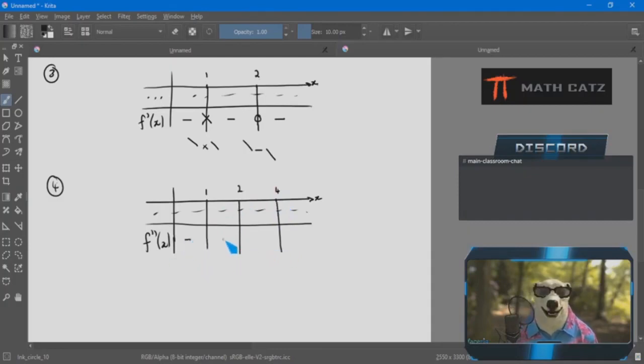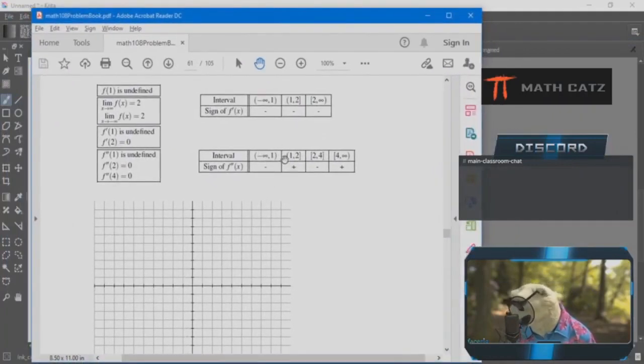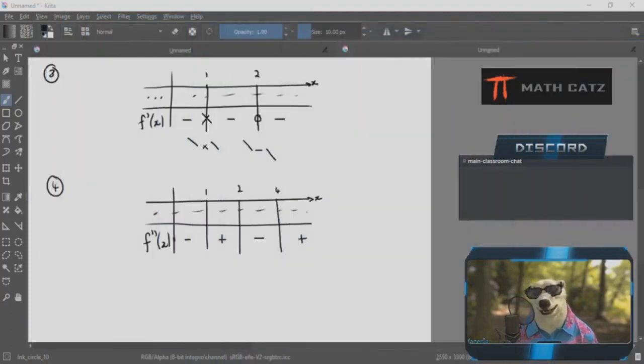And it gets a minus, a plus, a minus, a plus. Then I also want to know what happens to this second derivative on those x values. They tell me 1 is undefined, 2 and 4 are both 0. All right.